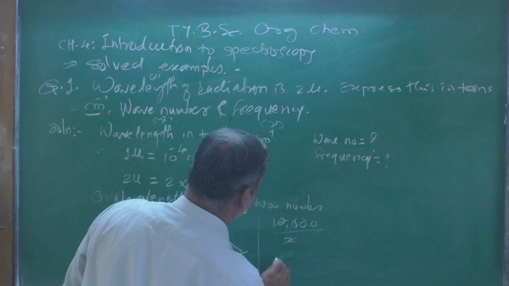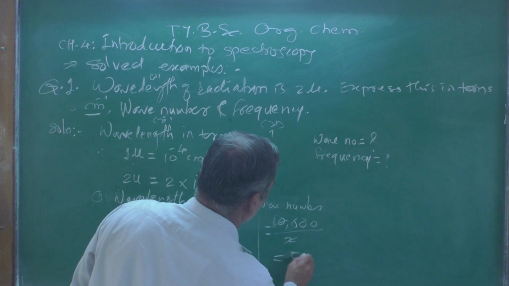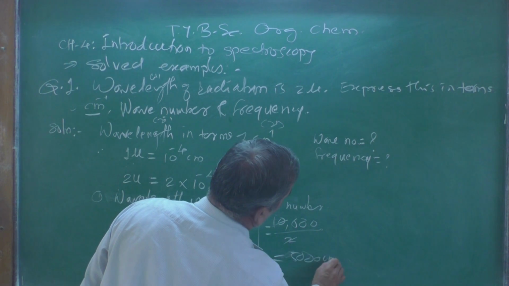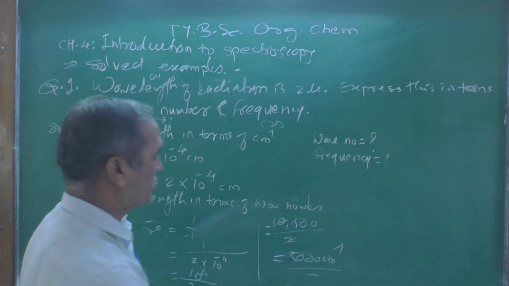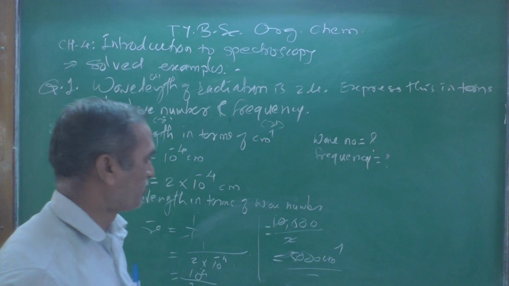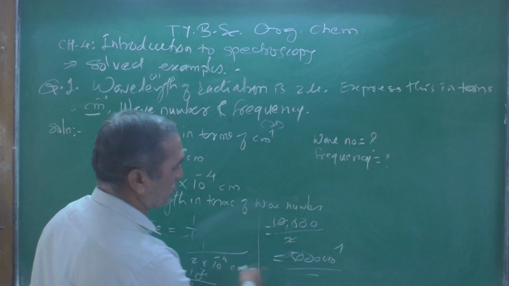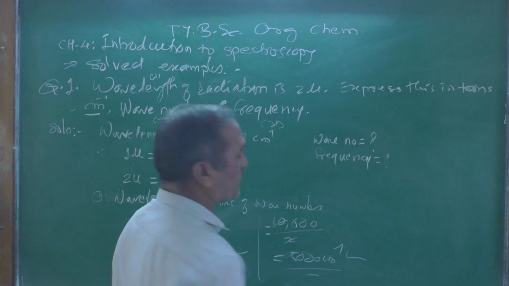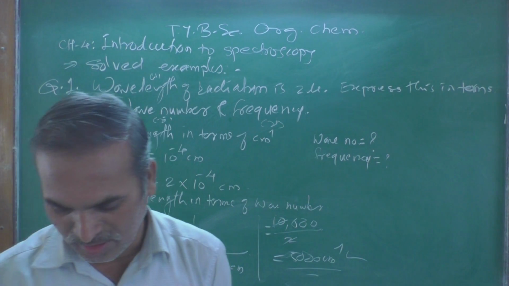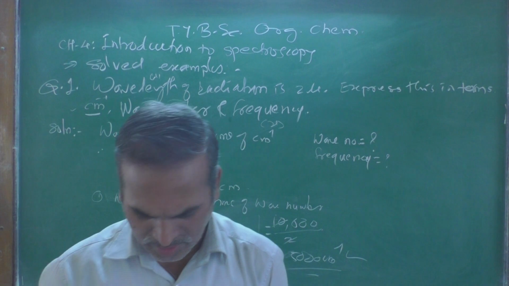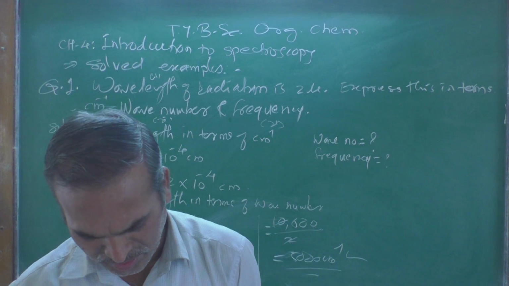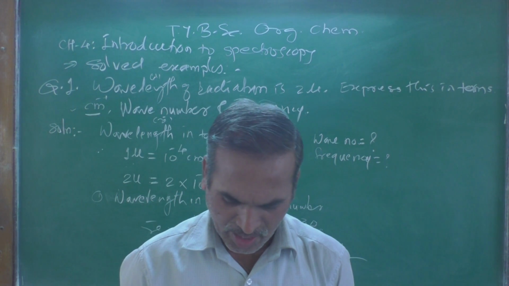That is 5,000 per centimeter, the wave number we have got. Because the wavelength is in centimeter, when it comes above it automatically becomes per centimeter, and therefore 5,000 per centimeter is the answer.